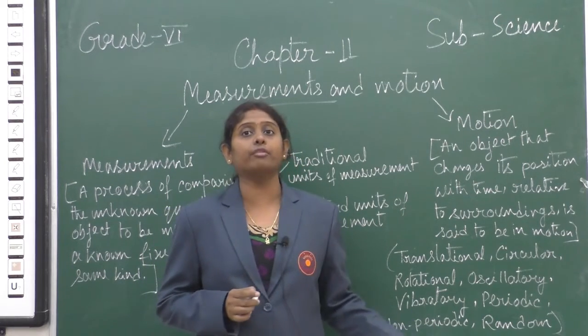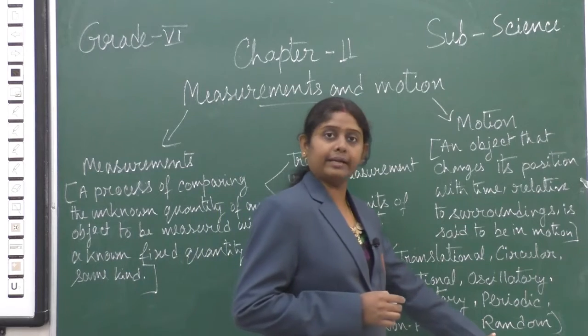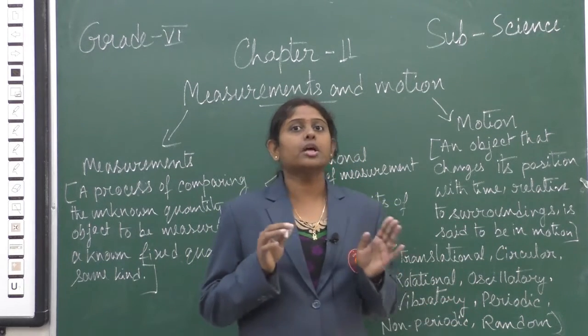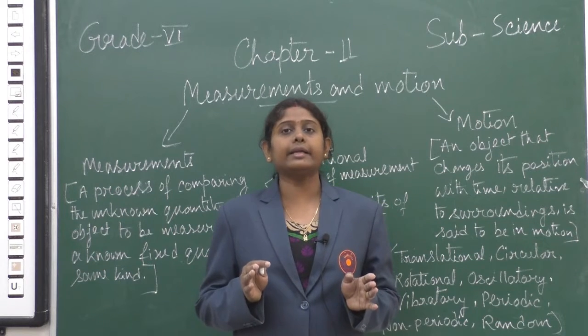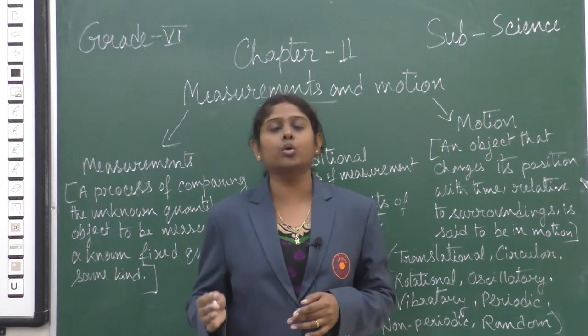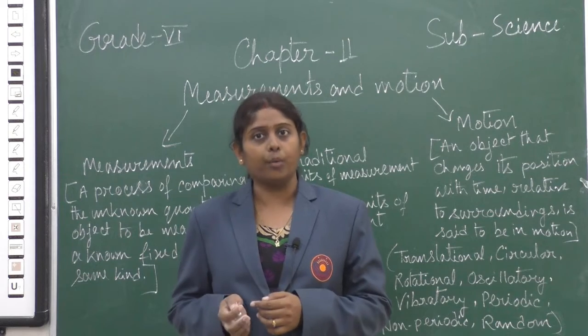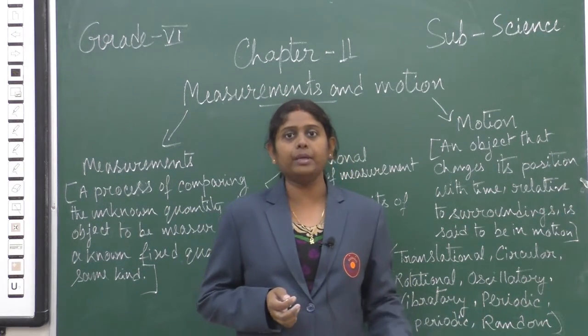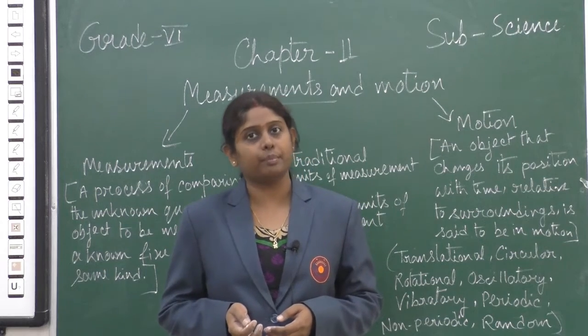Example, the movement of a cloud. Random motion, that means in this motion we cannot predict and it is an irregular motion of a body, that's called random motion. Example, the motion of a dust particle.